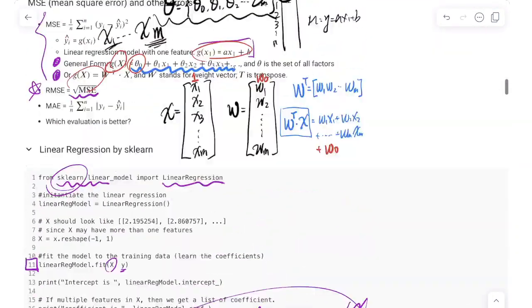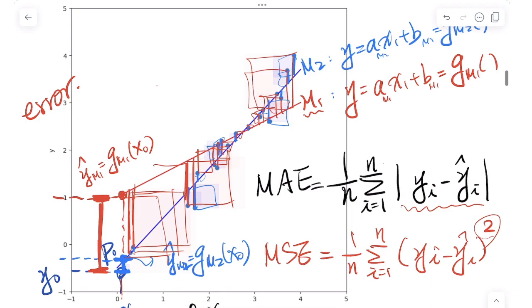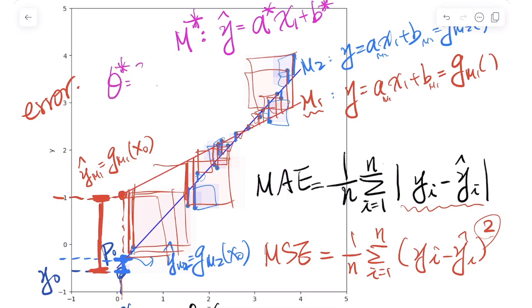Because we have several different models, there should be one model, and we mark it with a star. Star means optimized. There should be an optimized model: y hat equals a star x1 plus b star. Its parameters, theta star, include a star and b star.